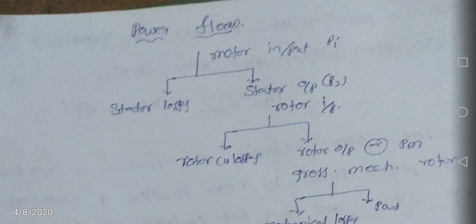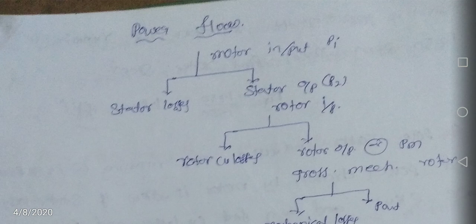So in an induction machine stator there are iron losses and copper losses. The copper losses in the stator exist in the armature copper winding.